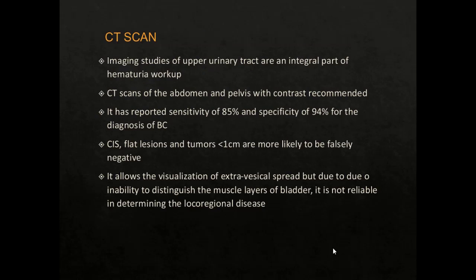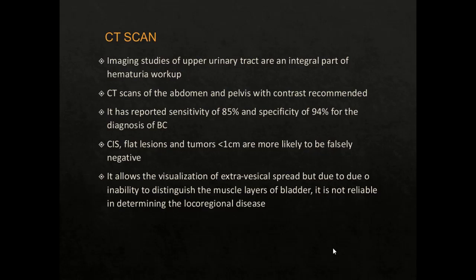Coming on to the imaging modalities to further diagnose bladder carcinoma, imaging studies of the upper urinary tract are an integral part of the hematuria workup. CT scans of the abdomen and pelvis with contrast are recommended.